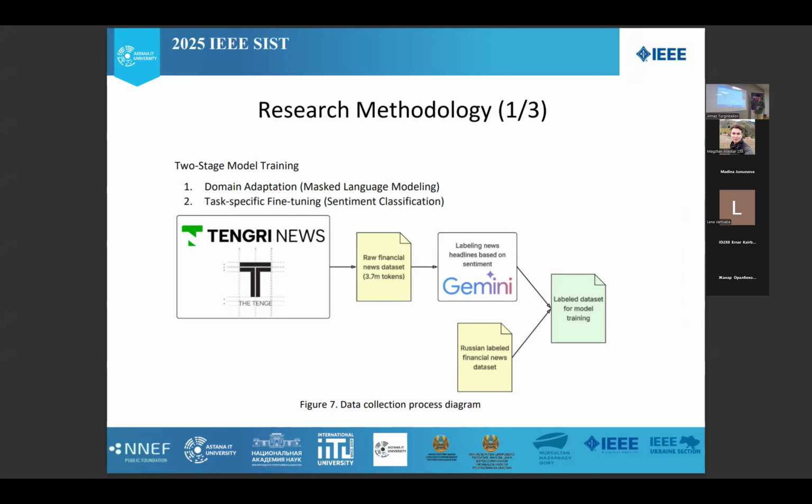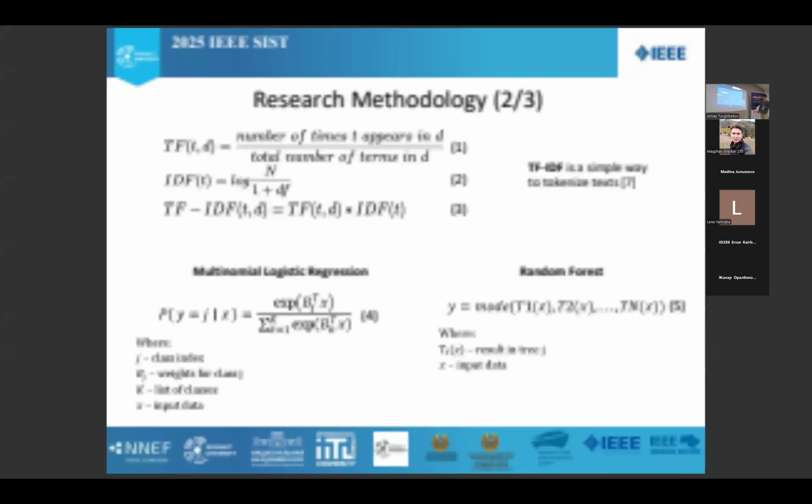Then we labeled this dataset by sentiment using Google Gemini, and combined it with a labeled financial dataset. We use domain adaptation with masked language modeling, and then train the model for specific fine-tuning, such as sentiment classification.